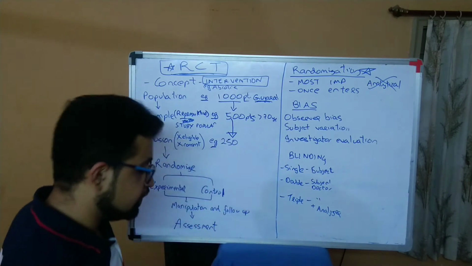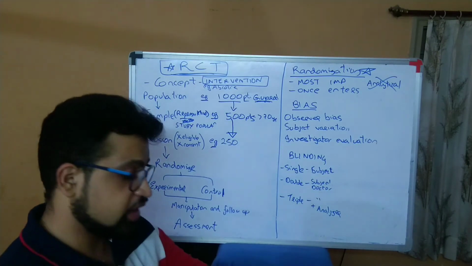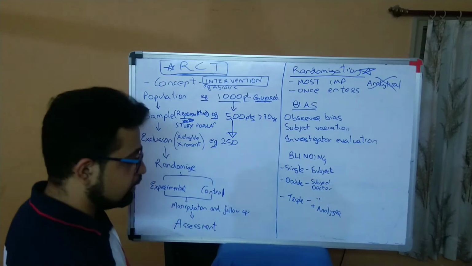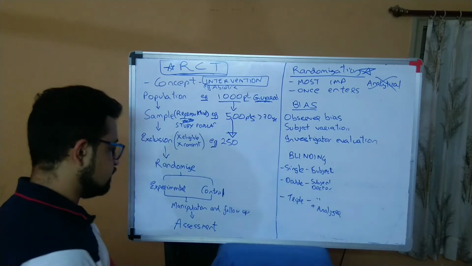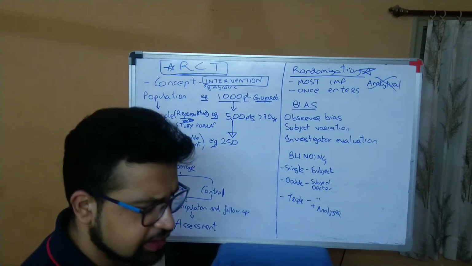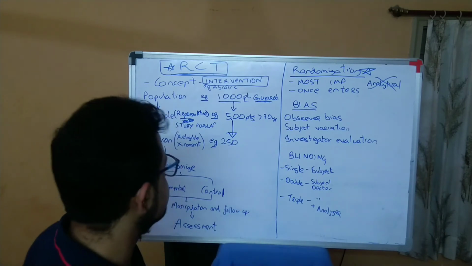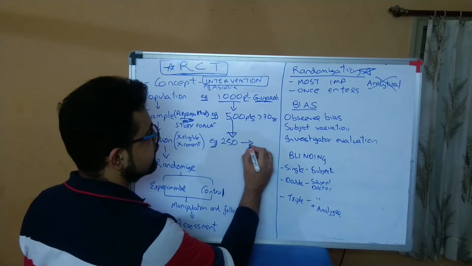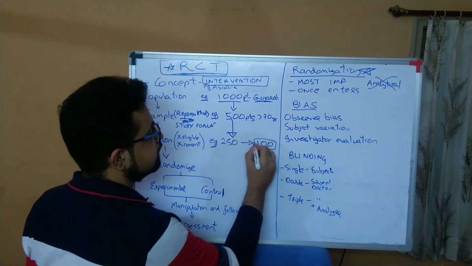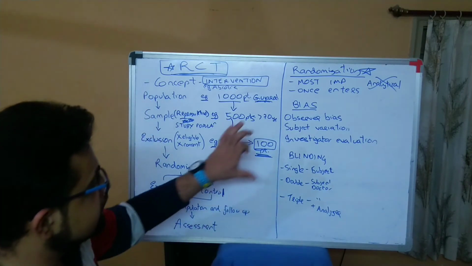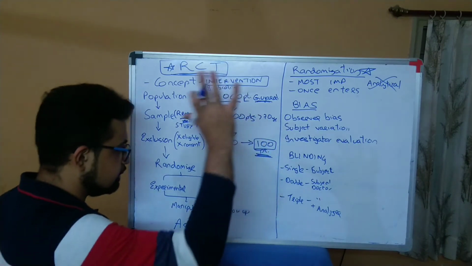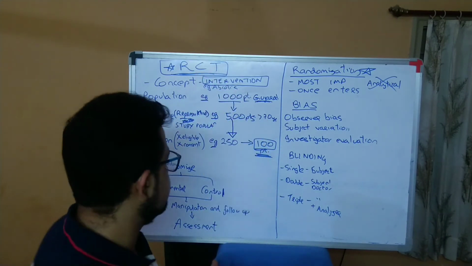Now, out of those 250 patients, I ask for consent. I want to study the effectivity of amphotericin in those 250. Out of those 250, let's suppose 150 deny. They don't give consent. So we get 100 patients of mucormycosis. These 100 patients are the patients who are entering the trial.